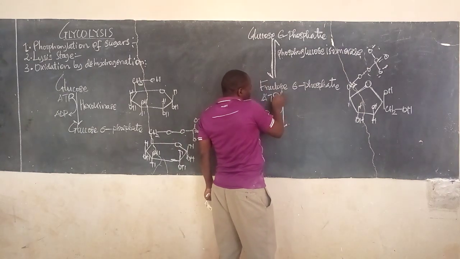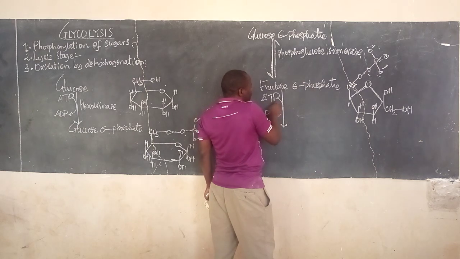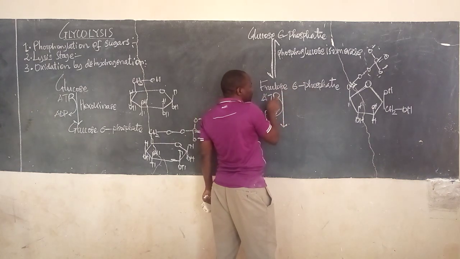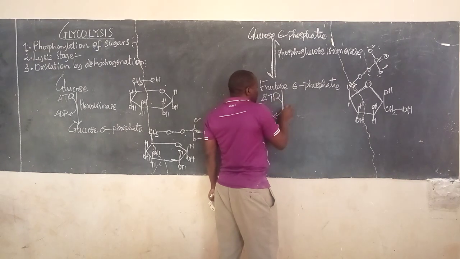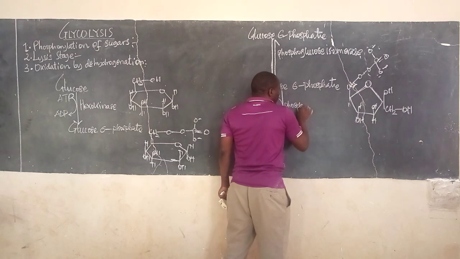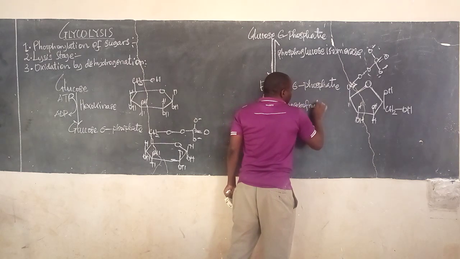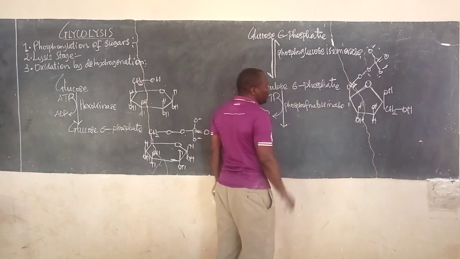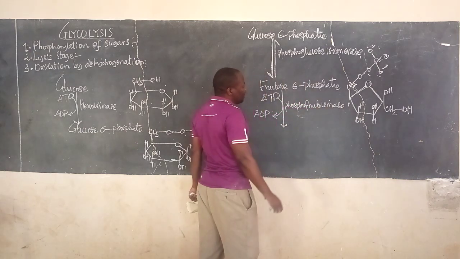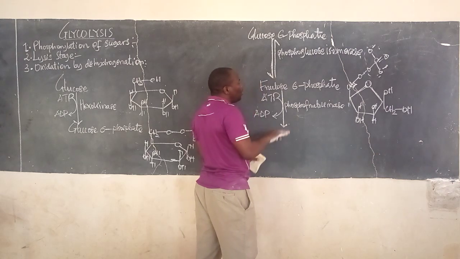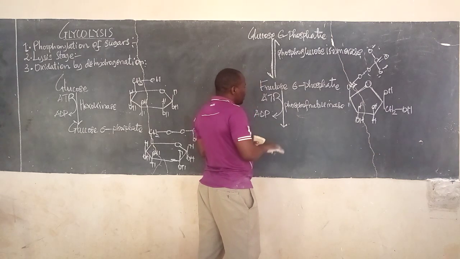So we are going to extract one inorganic phosphate from ATP and fix this inorganic phosphate at the first carbon of the fructose, with the enzyme known as phosphofructokinase. This is a kind of allosteric enzyme within the cell that plays a great role in controlling the amount of ATP in the form of a negative feedback mechanism.